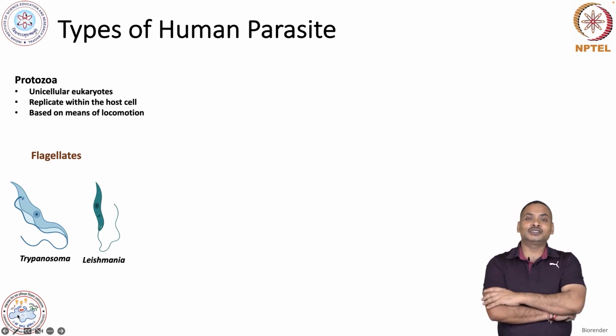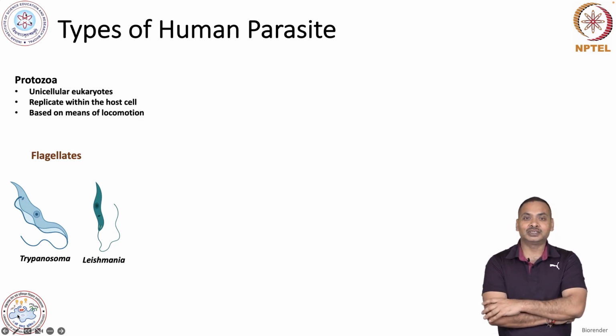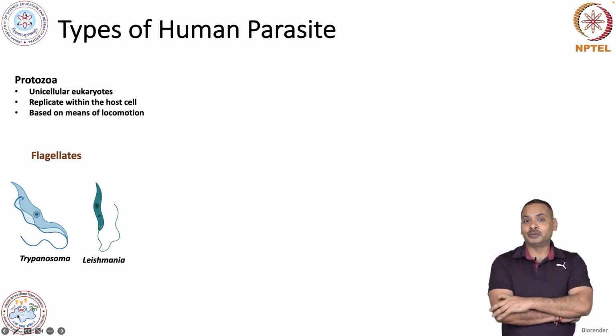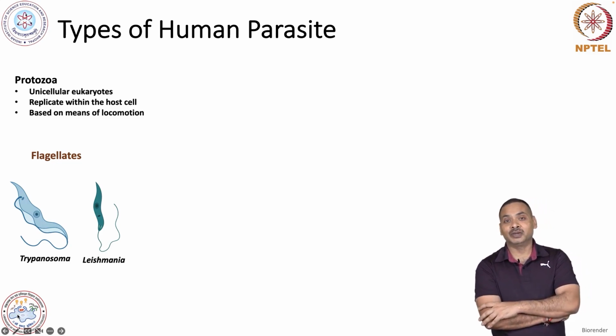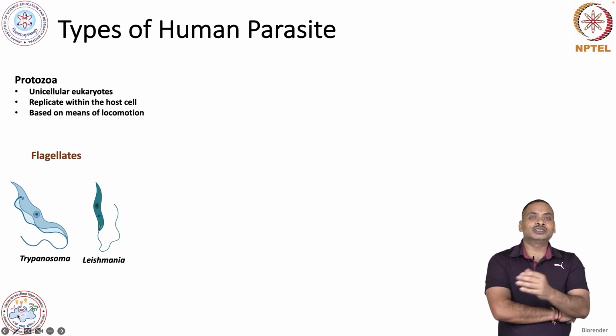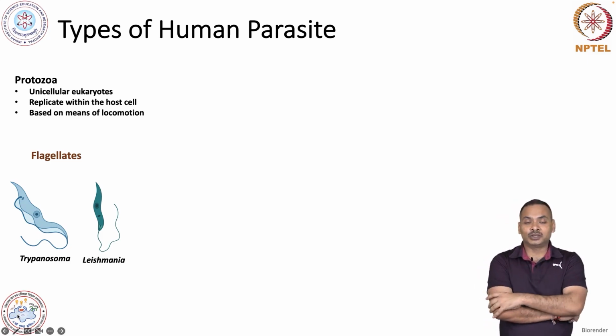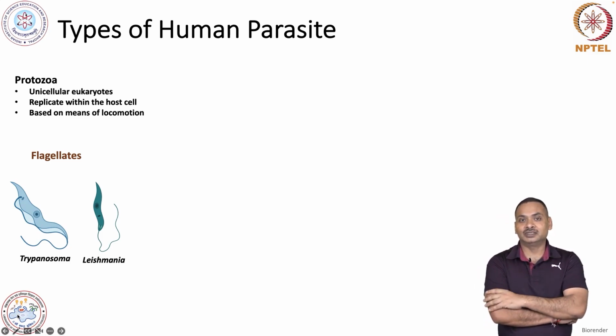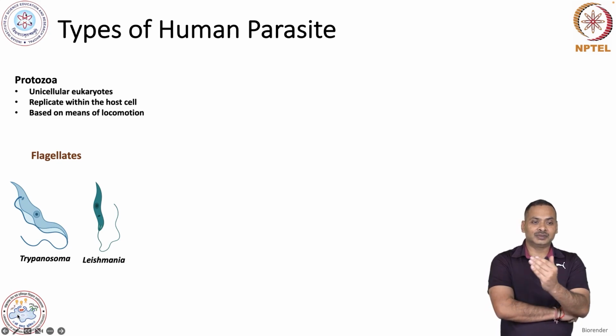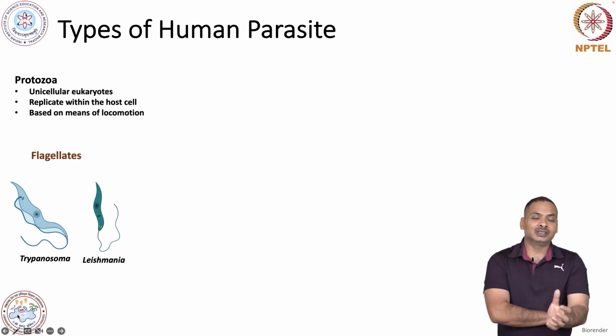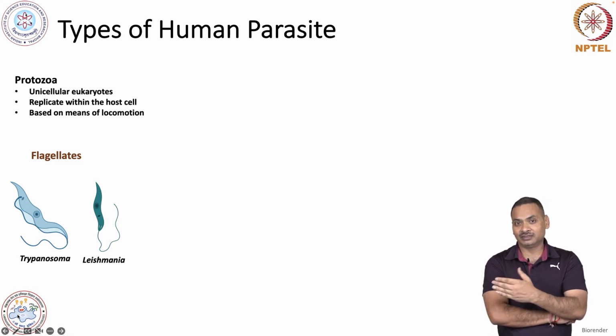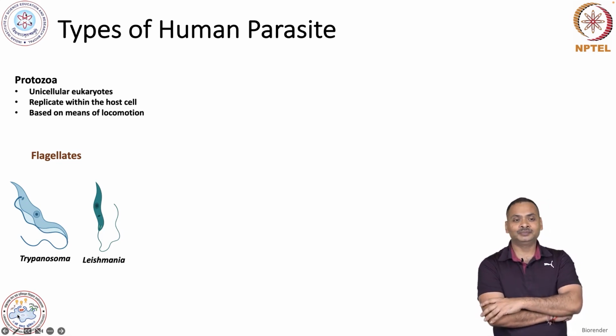Here you can see two very important examples, that is Trypanosoma and Leishmania. These cause very complicated diseases, and they are basically parasites in humans. If they reach the human, then that will cause the disease.